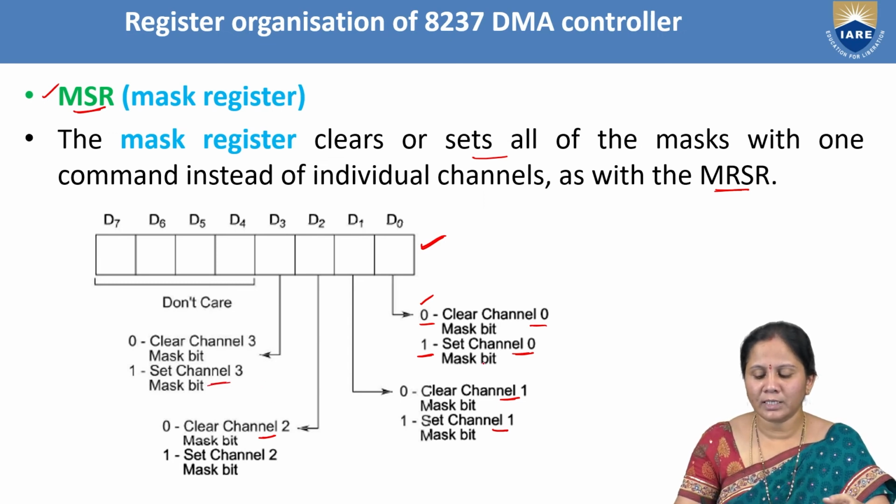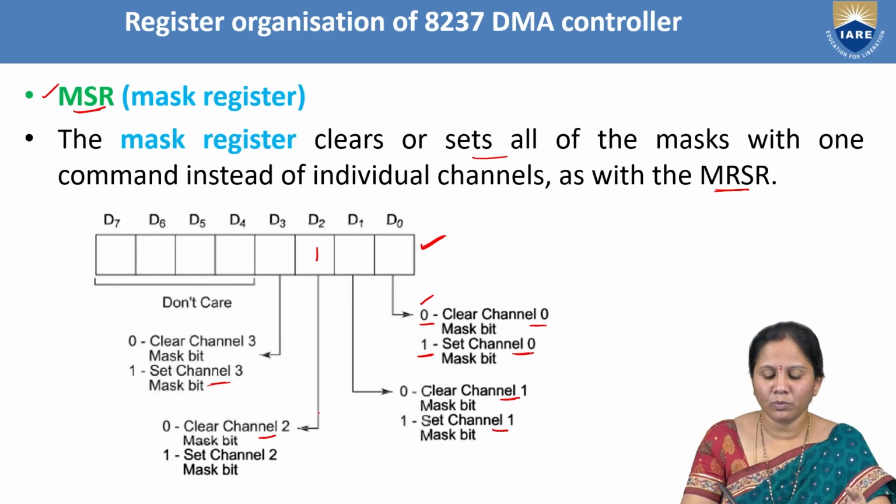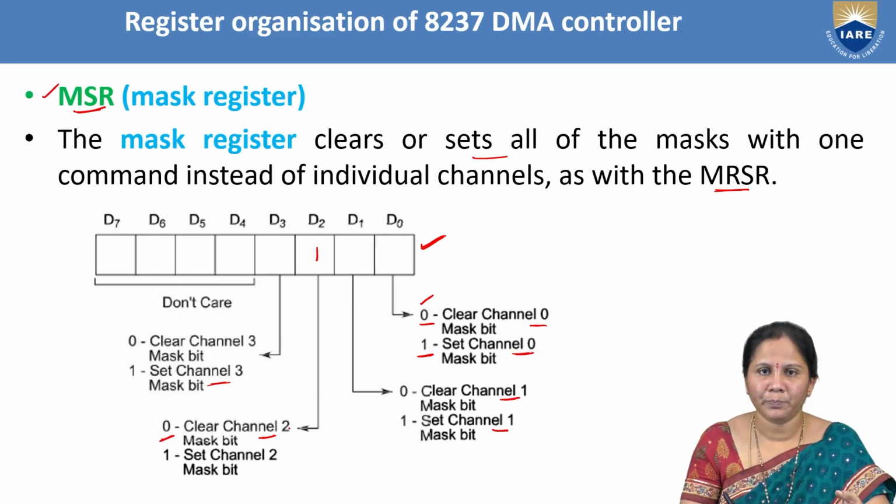So individual channels can be masked and unmasked. So if you are fixing any of these bits as 1, that particular channel will be masked, disabled, ignored. So in order to enable that channel and make the data transfer between the IO device and DMA, we have to make that bit 0.